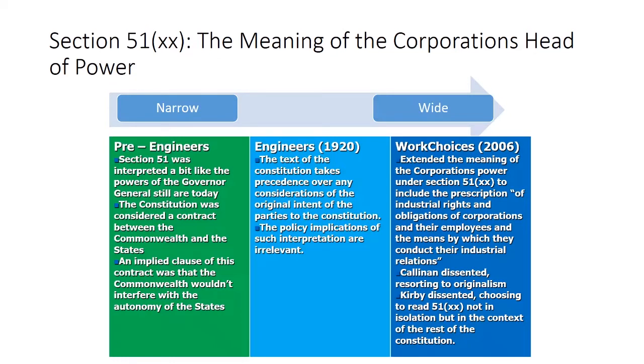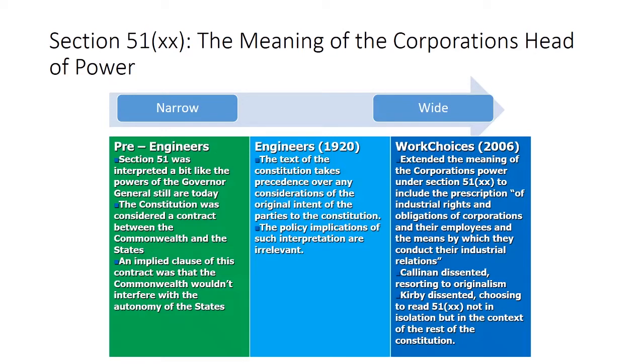And in the text, it says the federal parliament can make laws about these areas, and of course on top of that Section 109 says where a federal law and a state law conflict, the federal law shall prevail. It was the first death knell for state autonomy in our federal arrangements.